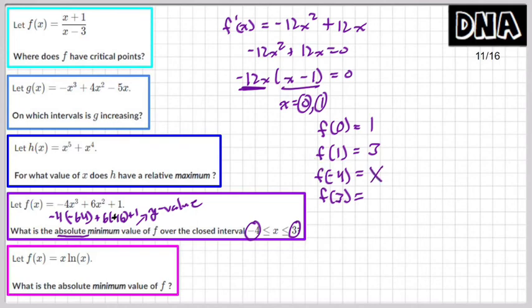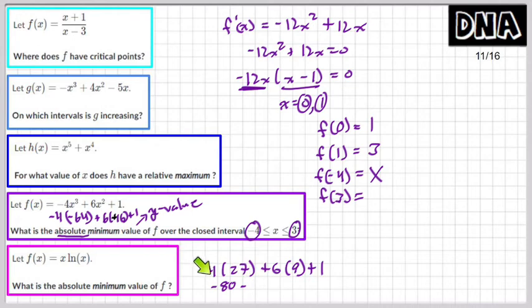All right, now I plug in the 3. When I plug in the 3, I get positive 27. And I get 6 times 9. And then I have a positive 1. That's going to be a big negative number. Oh, dang it. I don't want to multiply those. I hate multiplying. Let's see. 4 times 20 is 80, right?